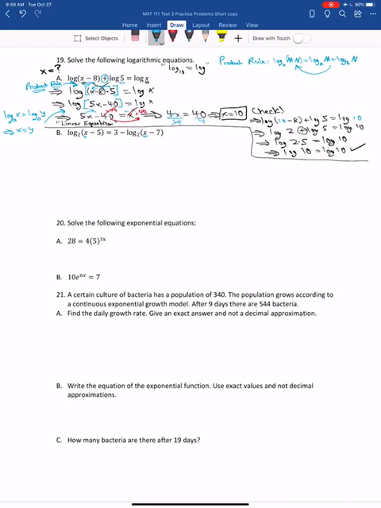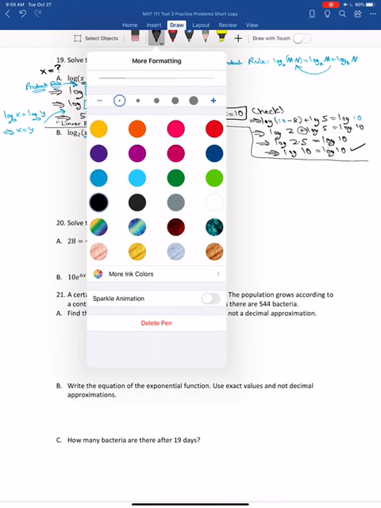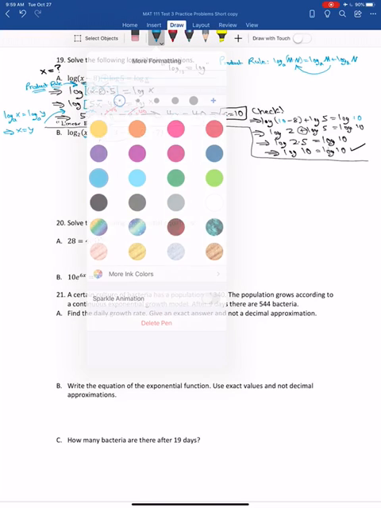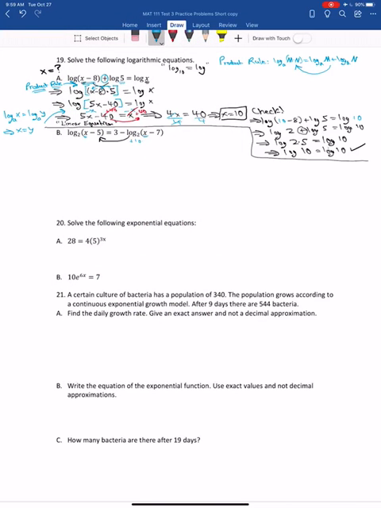With that said, this time I've got my log x terms. I have 2 of them, and I have a constant term, 3. Well, with that said, we need to group the x terms in this equation. So our first step is to go ahead and move this term over to the left side. All right, let's go ahead and add it over. So our first step is going to be to add a log base 2 of x minus 7 term over to the left-hand side of our equation.